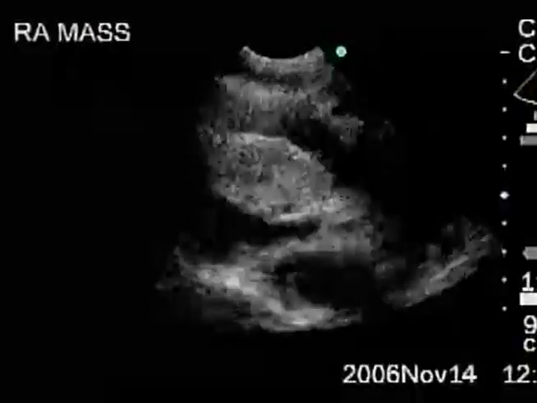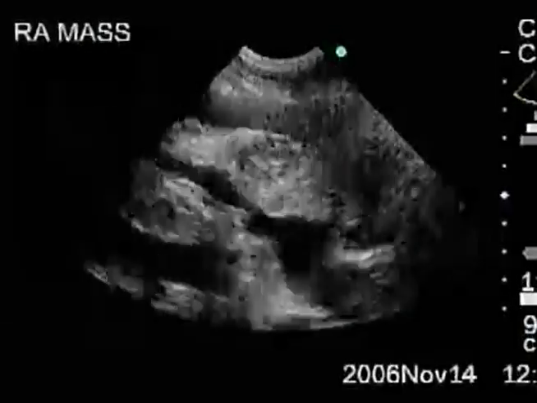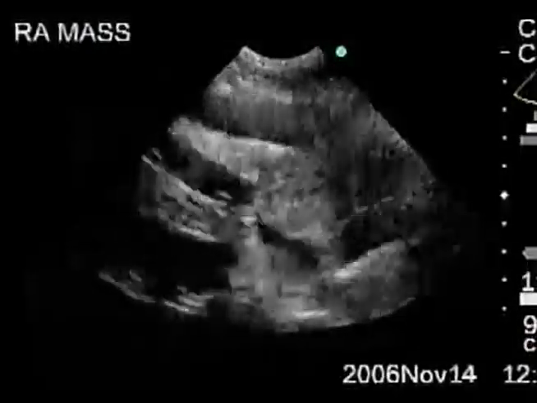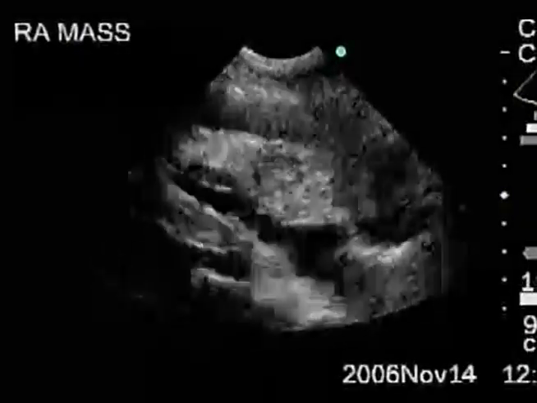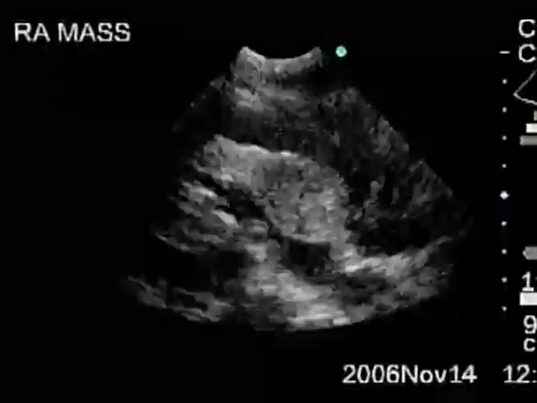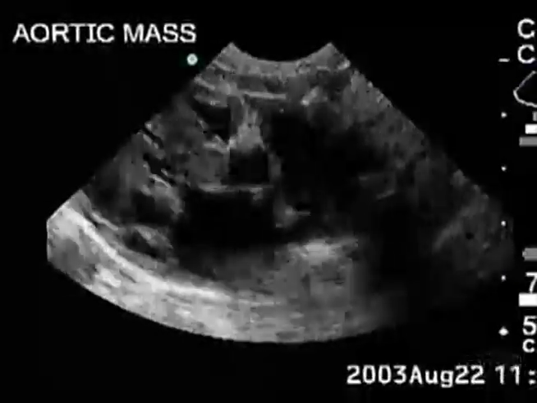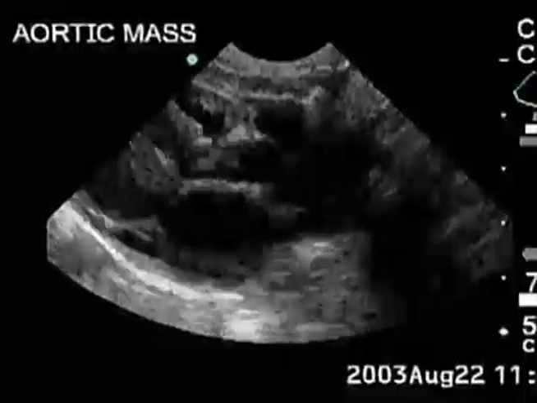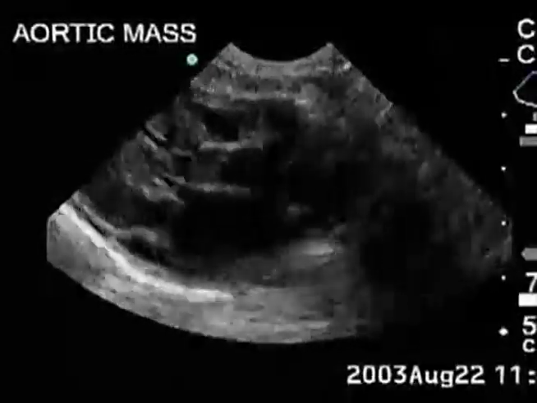This dog with pericardial effusion has a mass in the right atrial free wall. This cat has a vegetative lesion on the aortic valve.